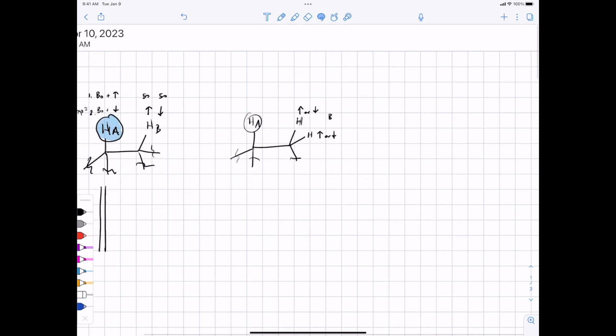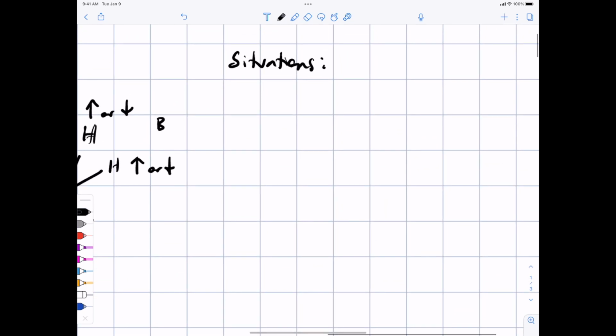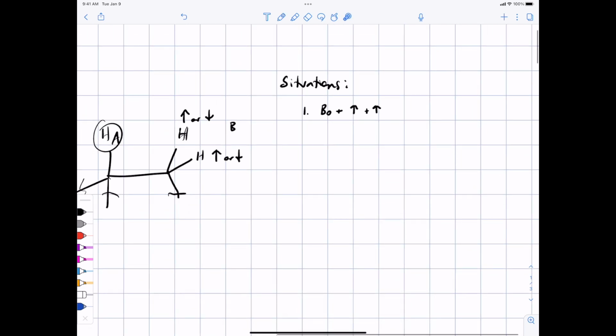So here are 3 different situations that proton A can find itself in. One is that it experiences the external magnetic field plus both of those adjacent protons aligned with that external magnetic field.